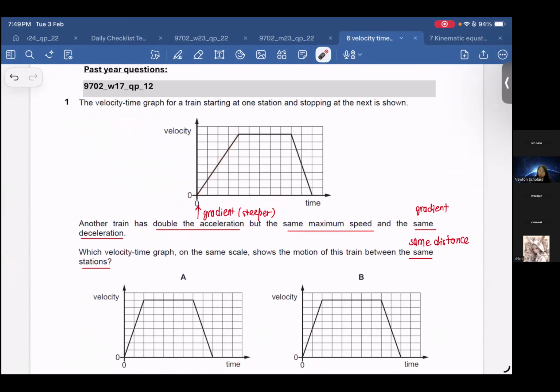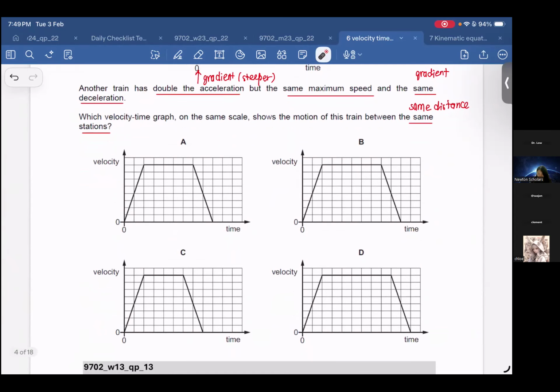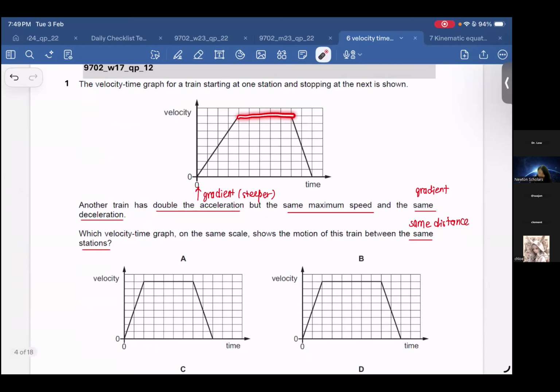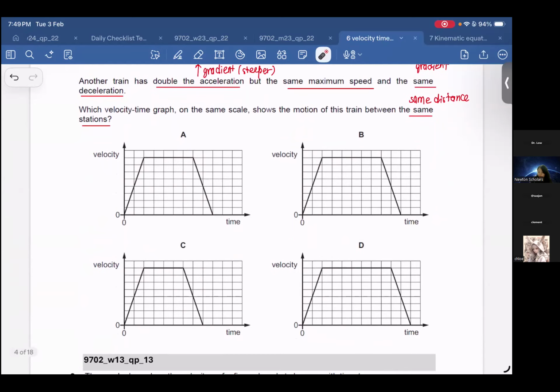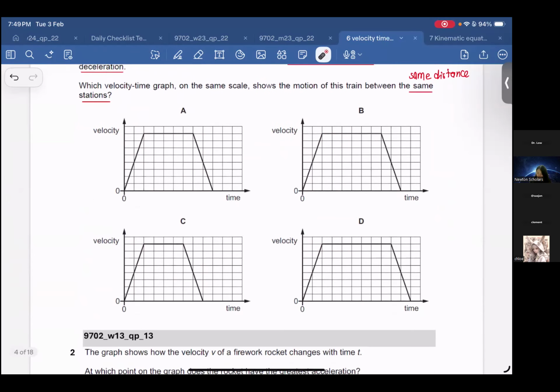Double gradient. So the answers A, B, C, D all fulfill. Then they maintain a constant speed. How long, we don't know. We want to achieve the same distance. Then the same deceleration, so here, always 1 2.